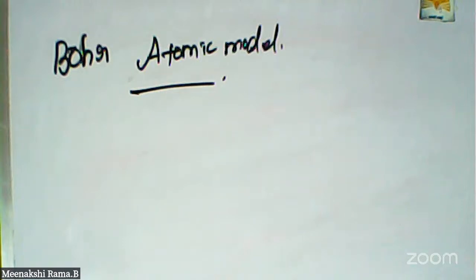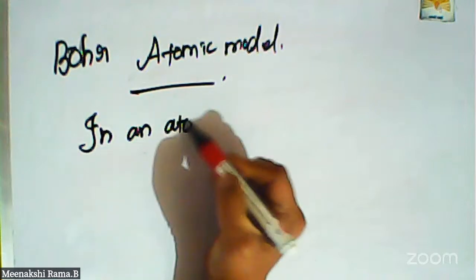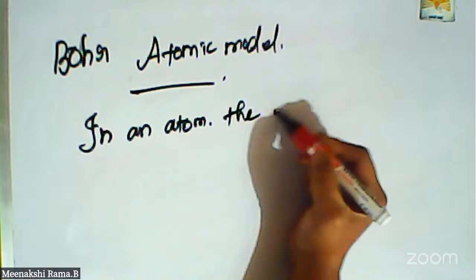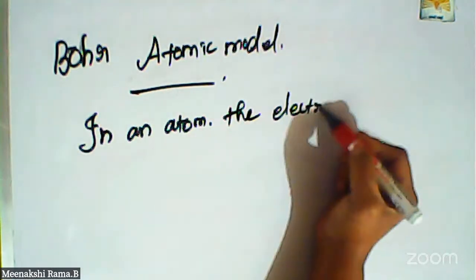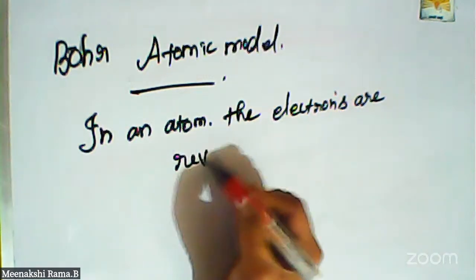The main postulates of Bohr's atomic model: in an atom, the electrons revolve around the nucleus.